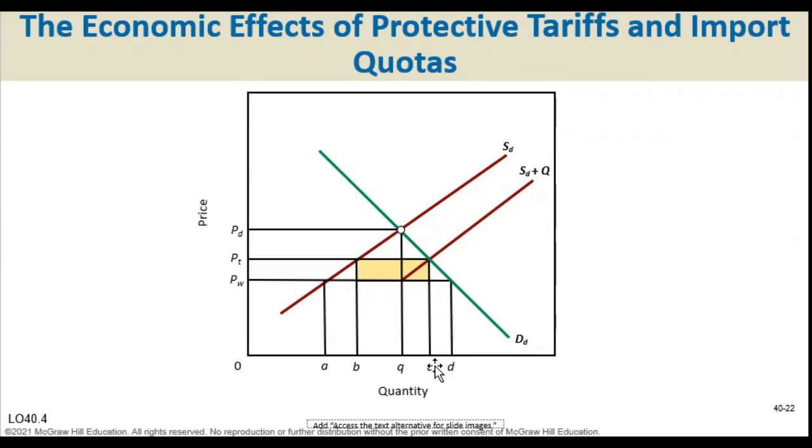The foreign producer will continue to receive the world price. The quota has essentially the same effect, except that the higher price is now received by the foreign firm.